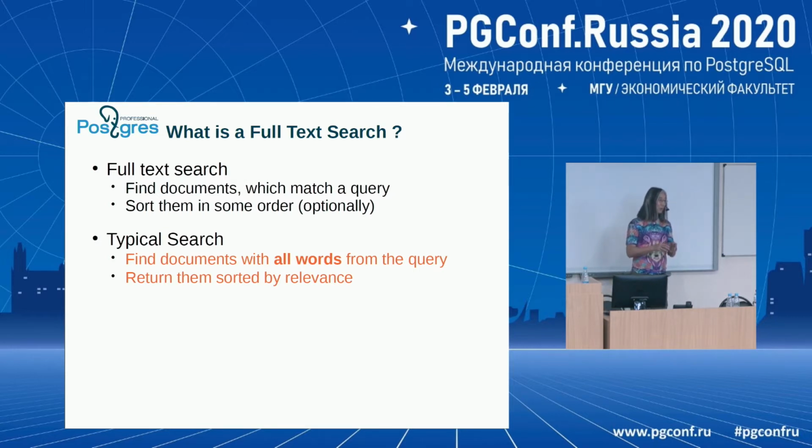It's what we do every time in Google or in Yandex. We put some words and we are looking for documents that contain these words. Then we can argue whether Yandex is better than Google or not, but all people have their own understanding of which document is more relevant to them.